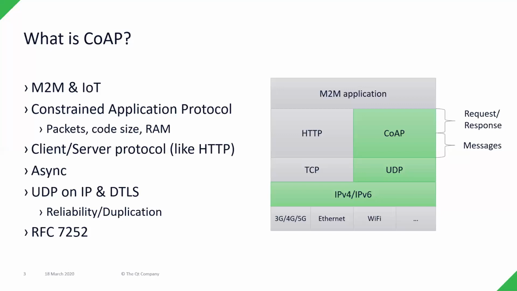It's an asynchronous messaging protocol, and the main purpose here, compared to HTTP, is to have smaller packages, with reliability and deduplication on top of UDP essentially, whereas HTTP leverages a lot of those features already from TCP. If you're interested in the exact details, the main RFC for that is 7252, and then there's a whole bunch of further RFCs which add additional features on top.